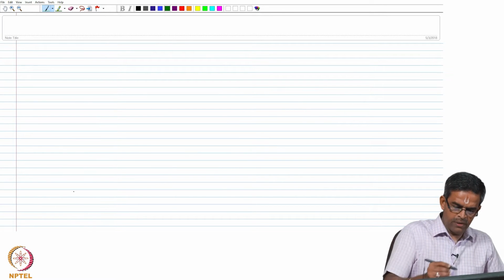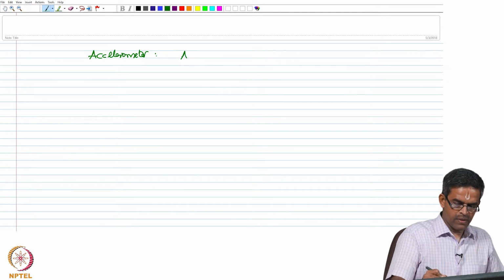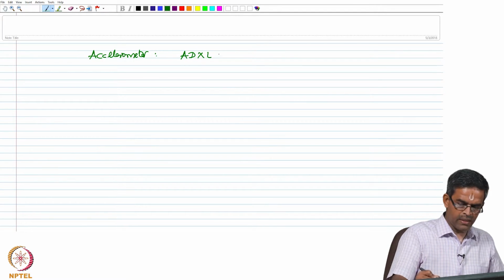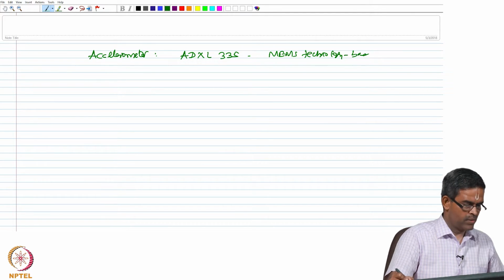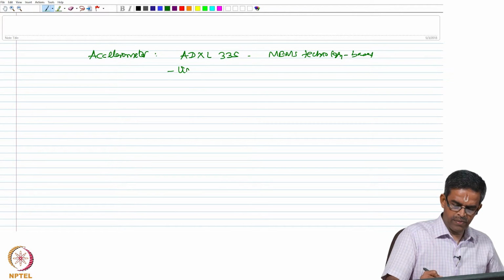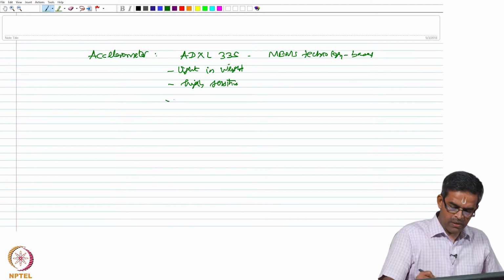Adding to one more point, the accelerometer used in the study is ADXL 335, which is MEMS technology based. It is light in weight and highly sensitive, compact in size.